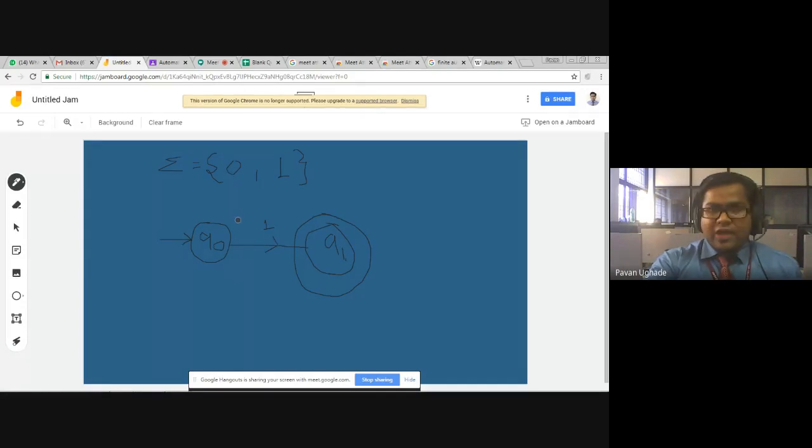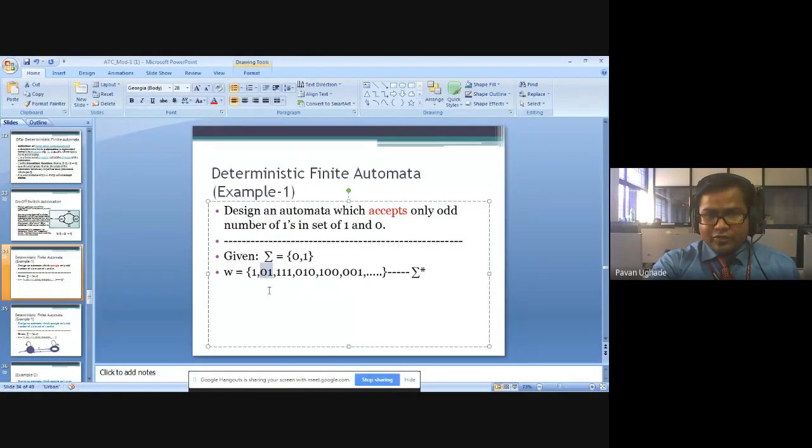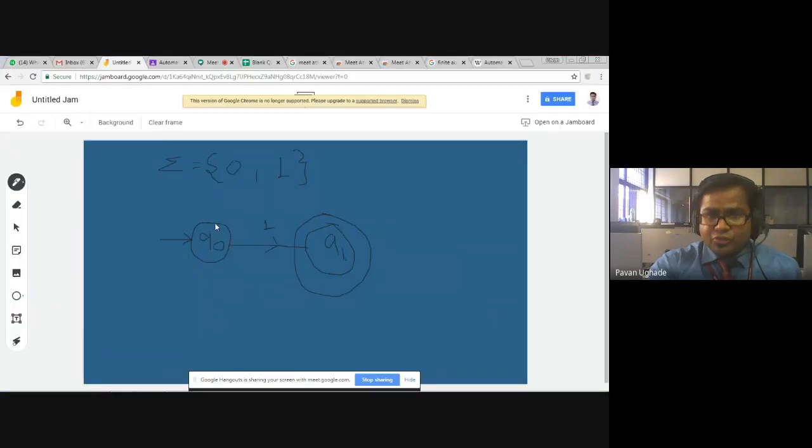Now I have the transition over 1. What about the transition over 0? It should have a transition over 0, right? Now, my question is whether 0 1 should be accepted. Where should the transition over 0 go? Can I make it like this? Guys, try to understand. If I make the transition of 0 like this, and my string is 0 1, is it accepted?